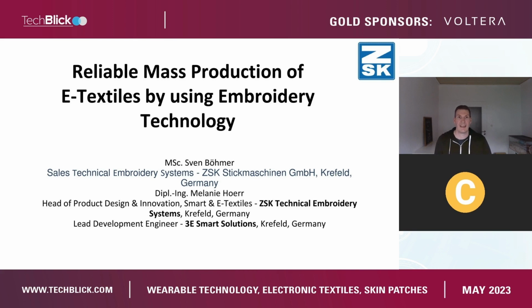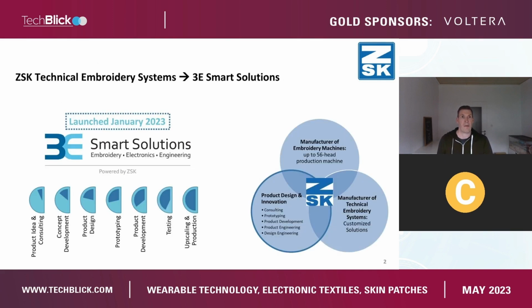Thank you, everybody, for listening to my presentation, which I have done together with my colleague Melanie Herr. So, what has a traditional embroidery machine producer in place with smart textiles? Quite a lot. Since January 2023, we launched our own engineering office, Smart Solutions, which focuses on the development of smart textiles.